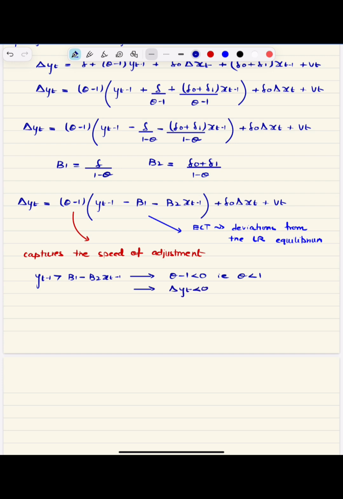Okay, so the system gets pulled back to the equilibrium, right? So therefore this indicates that we have co-integration between y and x.